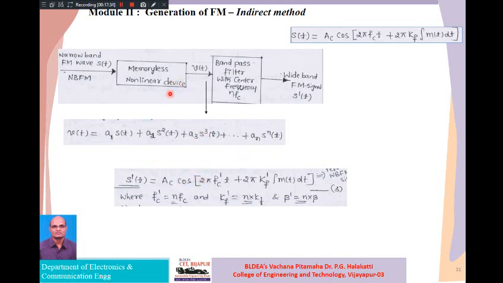So the memoryless nonlinear device output is like this, and this is given as input to the band pass filter, which is tuned to n times fc.